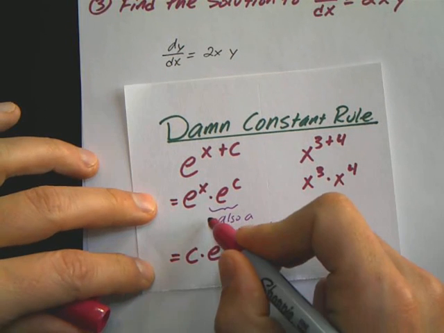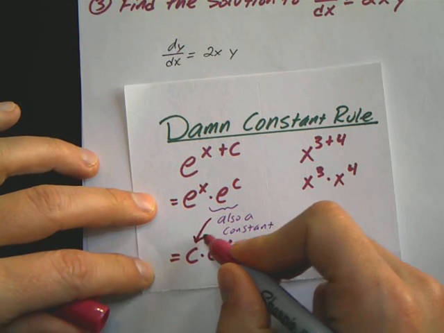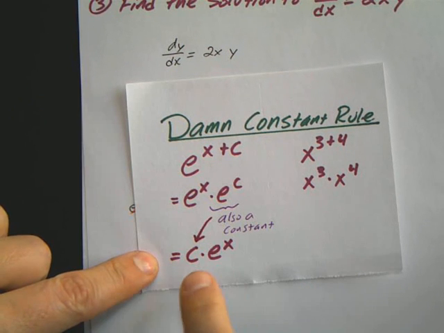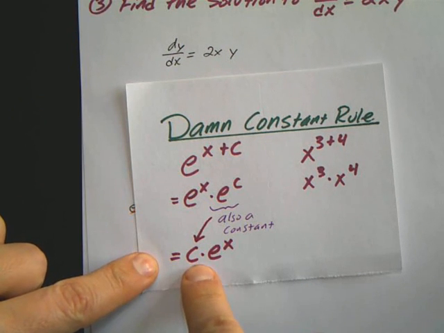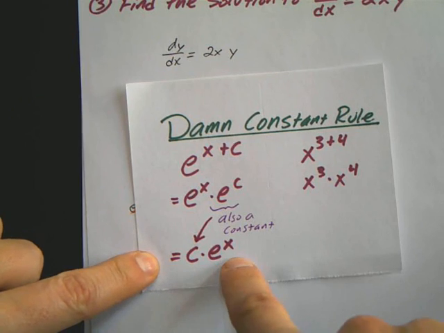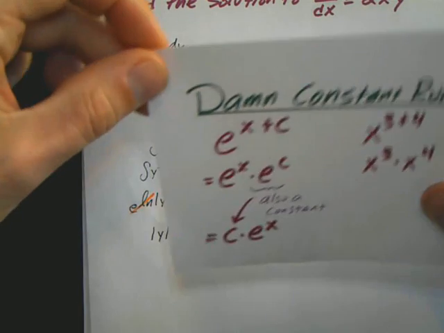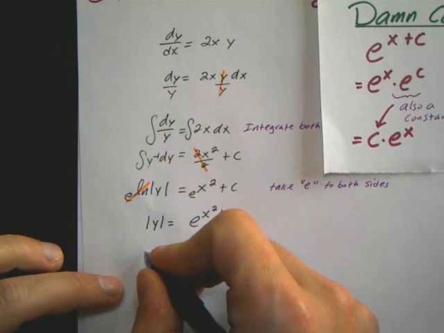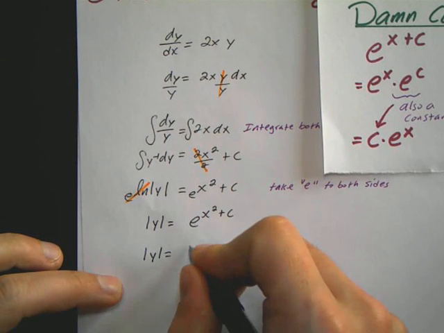So maybe I'll have to explain this again in class tomorrow, but this e to the c just turns into a big C in front of your e to the x. So this one over here turns out to be absolute value of y equal to c e to the x squared.